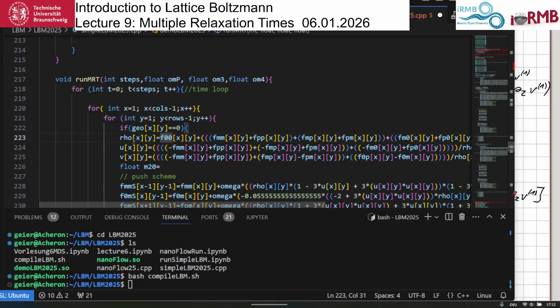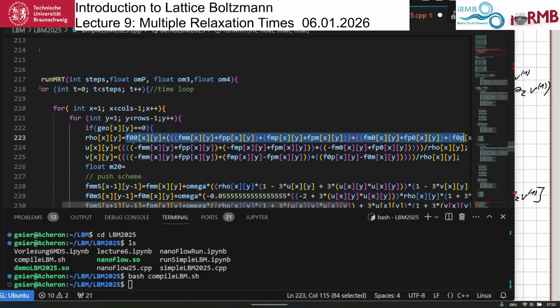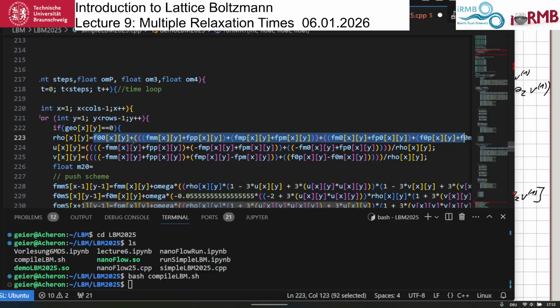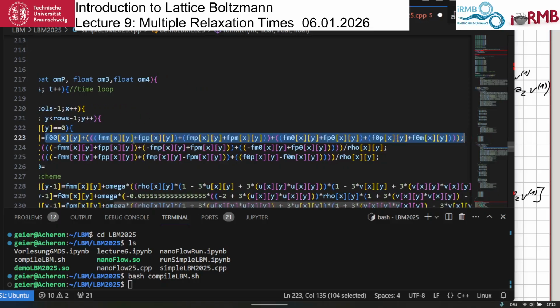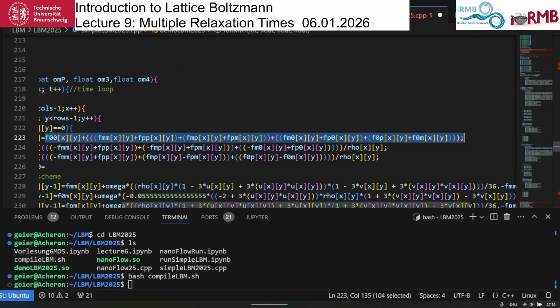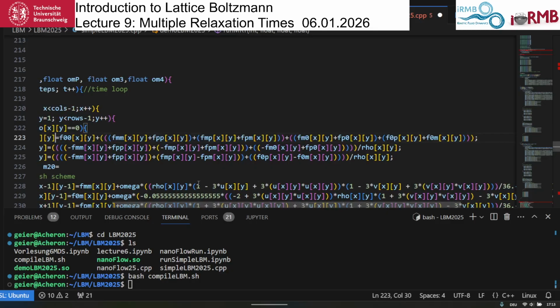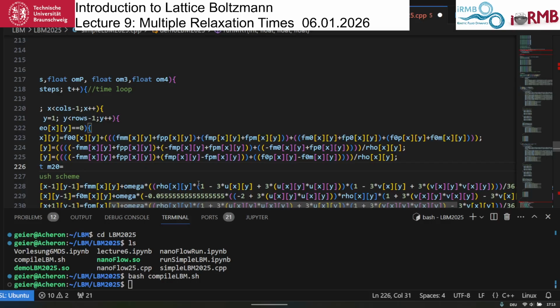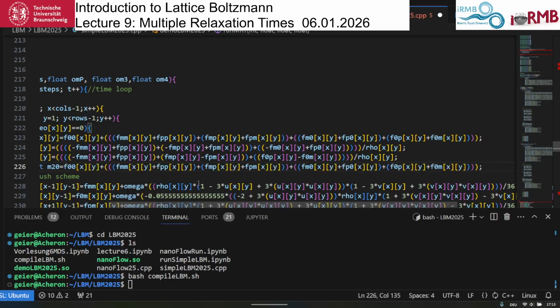I'm building these things up from this one, because everything is in this. I don't know whether I can make this larger. Okay, so this is all of the populations.